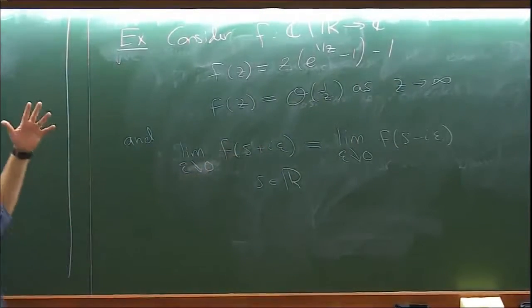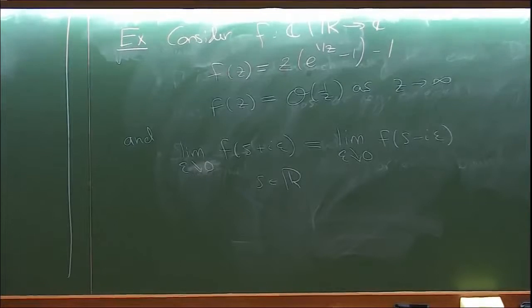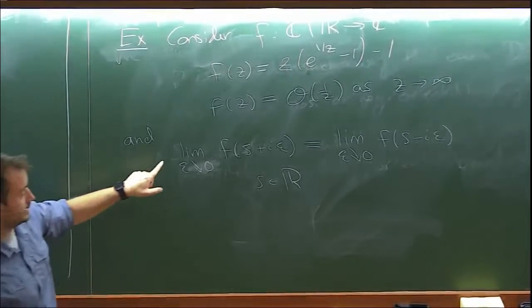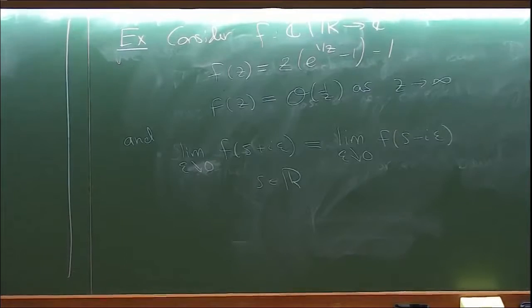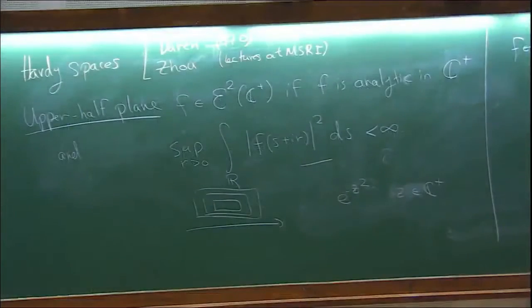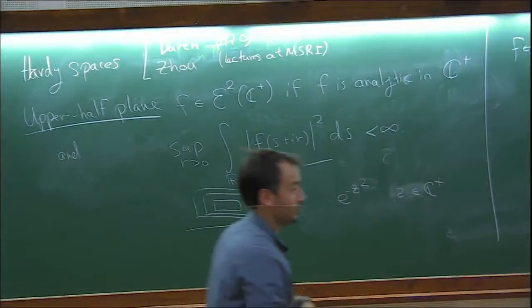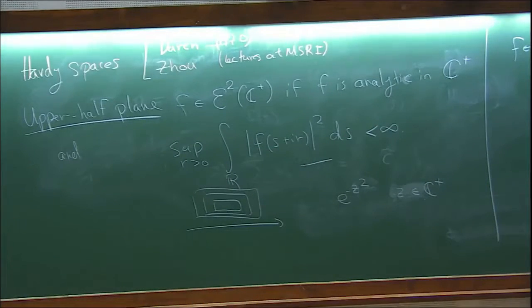So it looks like I found a function analytic off the contour, decays at infinity, has limits from above and below that are equal. But if you go back and check this condition, this will not hold. Because we know that if that happens, f has to be identically 0. That's really what this is saying. Well, this combined with this is what it's saying.